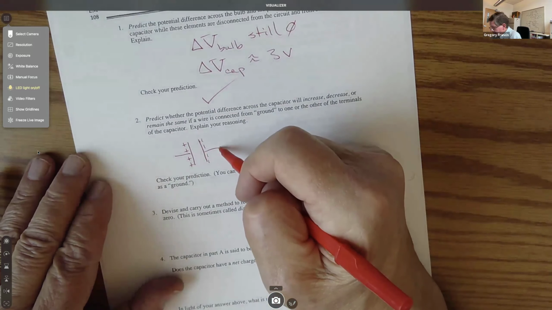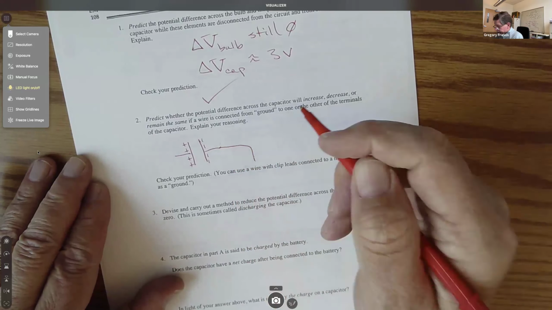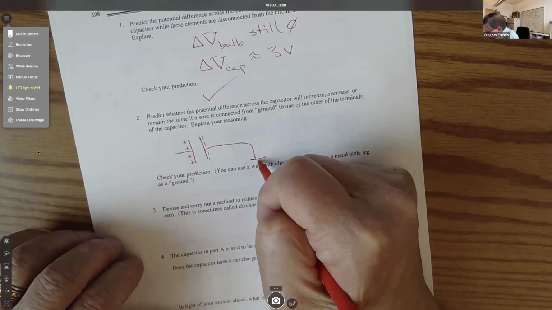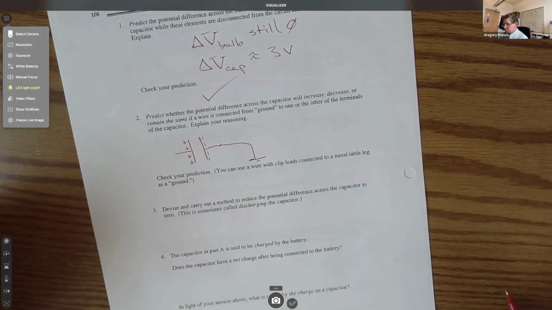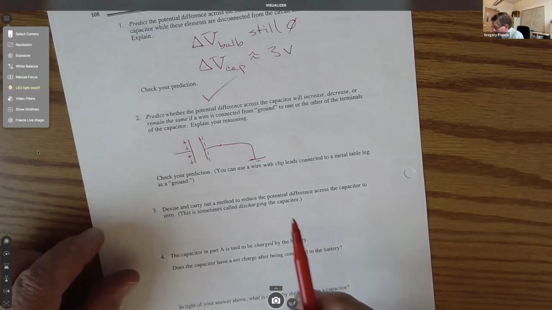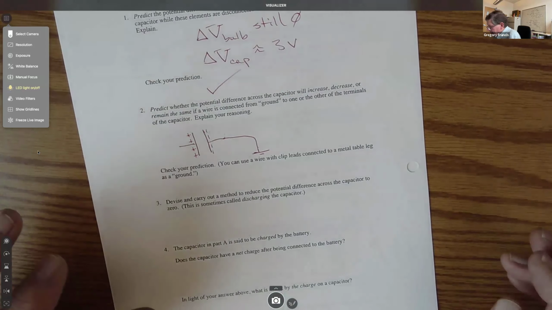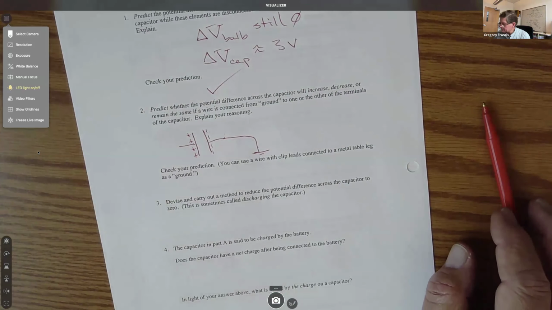And if we take this lead here and hook it to something big and metal to ground it, ideally we would go find a sink that had a pipe going down into the earth. The earth acts like a huge metal ball. Are all of these electrons going to escape to get on the big metal object? Let's find out.